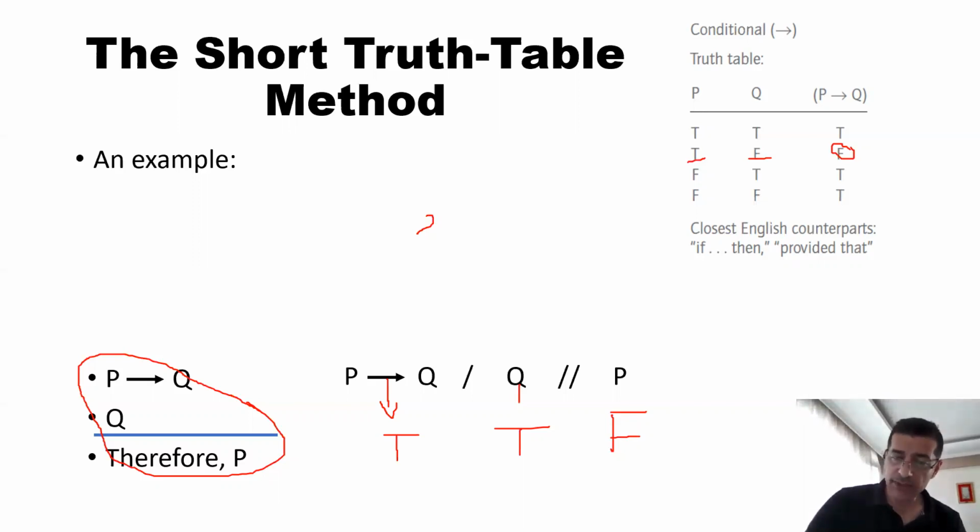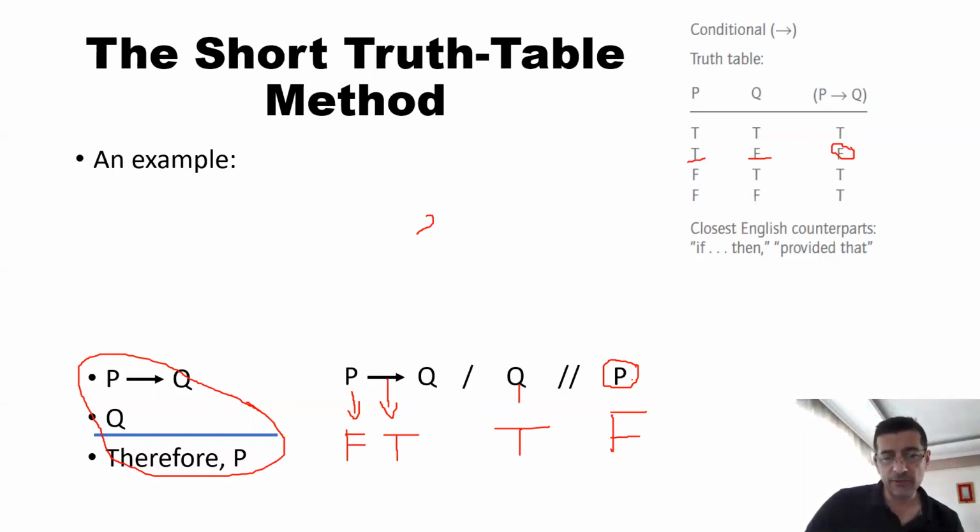So let's just see what the value for P is here. Because it's a conclusion, I choose F. Now, wherever I find P, I'm going to insert F, okay? So here, here. I plug in F here.